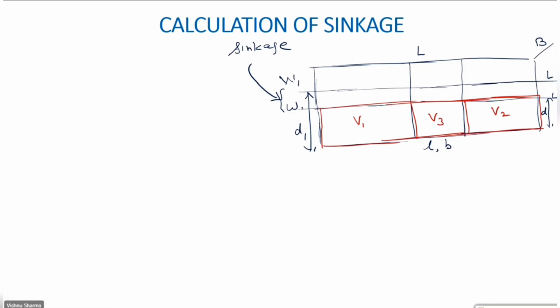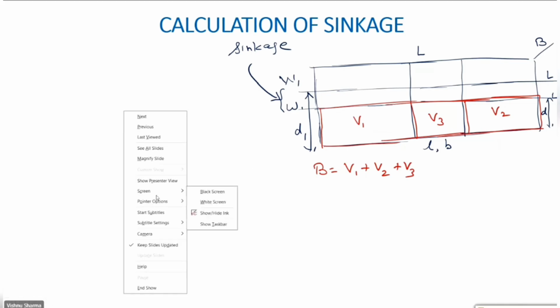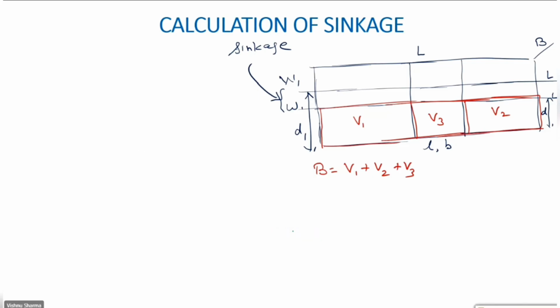Yes or no? So the total buoyancy, this is only for explanation, the buoyancy of the vessel is V1 plus V2 plus V3. Okay? Now, this midship compartment gets bilged.